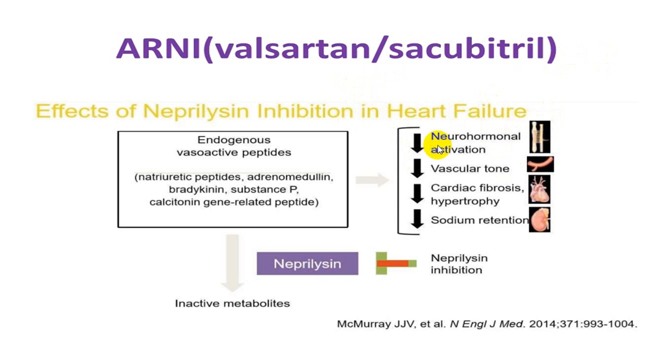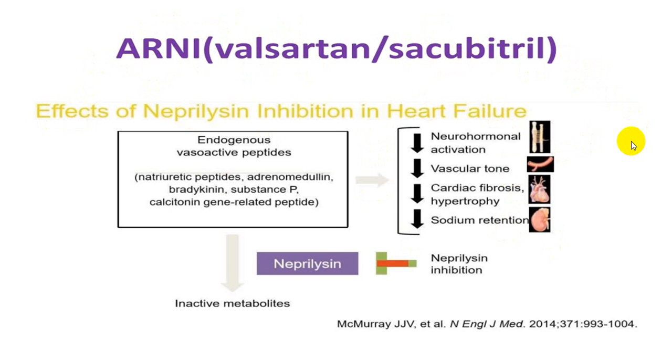It decreases the vasomotor tone. It decreases the cardiac fibrosis and hypertrophy. So there is a reversal of remodeling, and it is also natriuretic, so it reduces the sodium retention. All these are beneficial effects of ARNI, and ARNI is a combination of ARB with sacubitril.